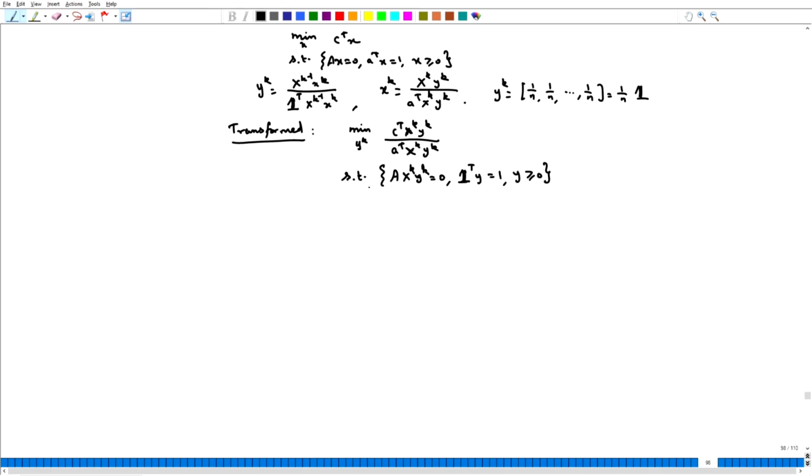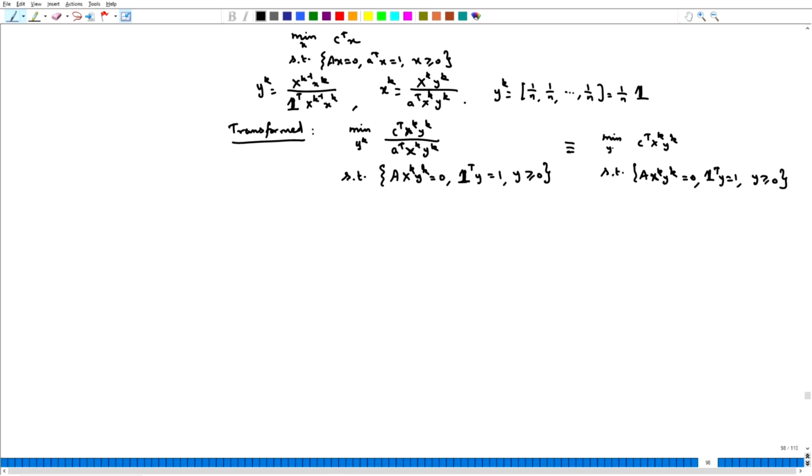So, you can write this as min c transpose Xk yk subject to A Xk yk equal to 0, 1 transpose y equal to 1 and y greater than or equal to 0.